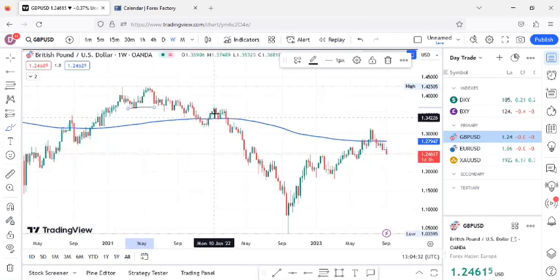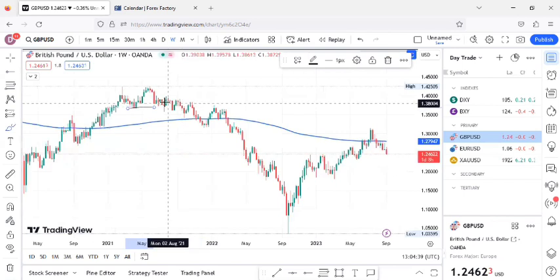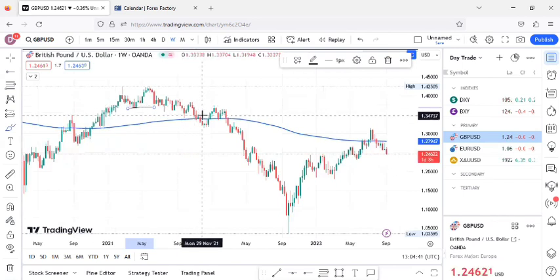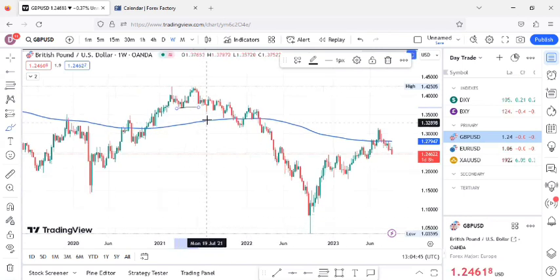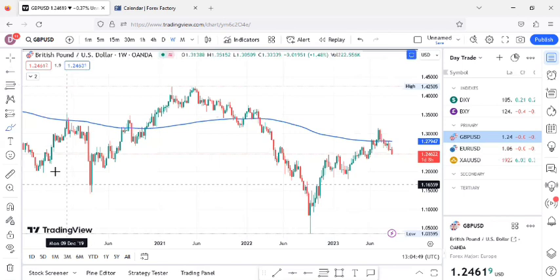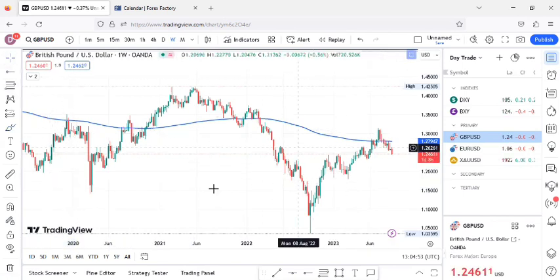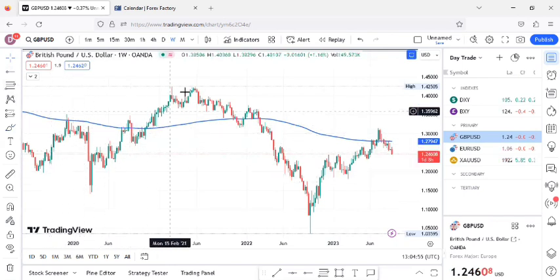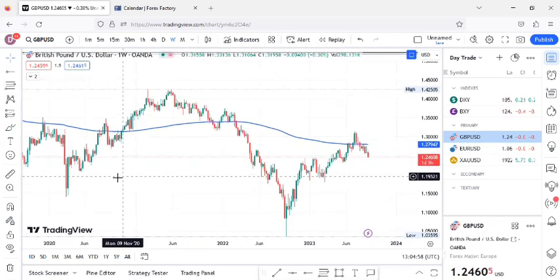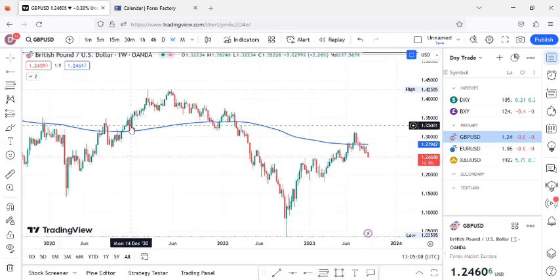Then from here, there is a pullback. After a pullback, where is it pulling back to? You can see from this uptrend here now, we have a break of structure here, a level here.